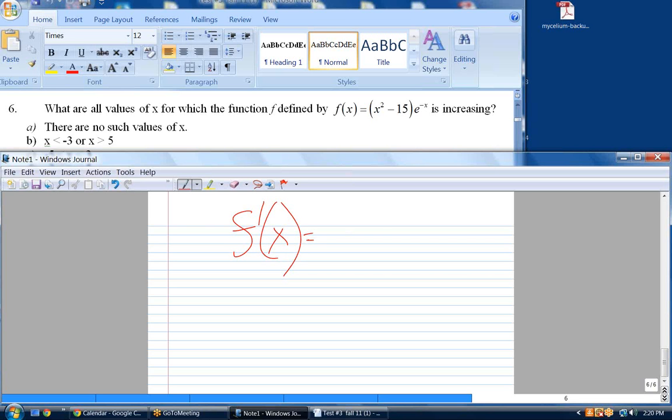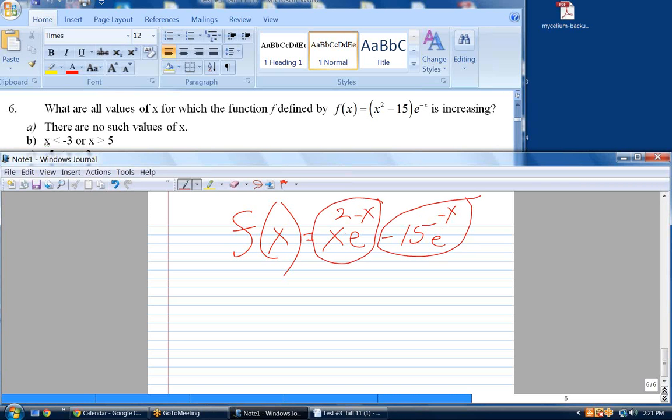I would say that it makes sense to distribute this first before applying the product rule. In other words, let's make this read this. Because now we can do each of these separately.